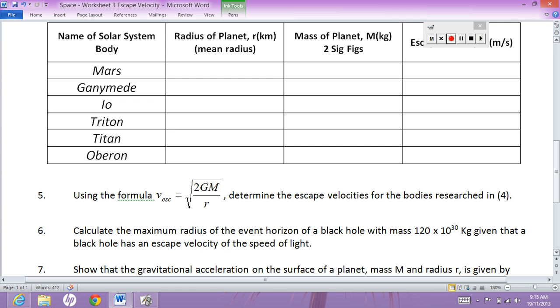So I'm now going to try and I'll do one for us. I'll just use the same data again. I'm not going to use one of these. I'll use the data from Callisto and see if we get the same value.